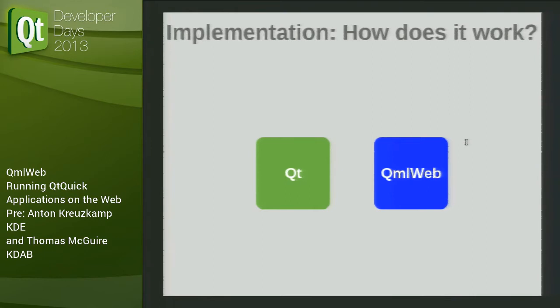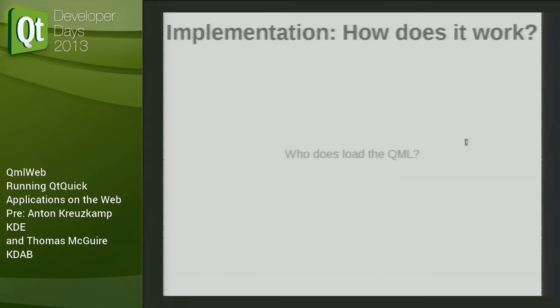That's why we'll talk about the Qt implementation first, just to recap how that works. Then we'll draw a parallel, and Anton will tell you if it's the same in JavaScript QML or a different implementation, and what the difference is.